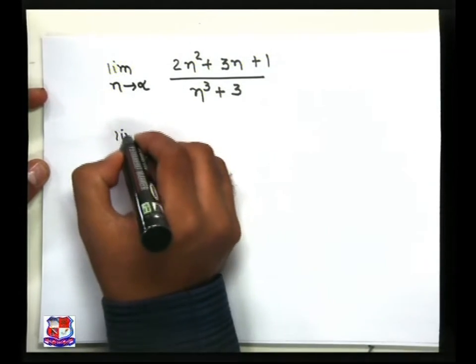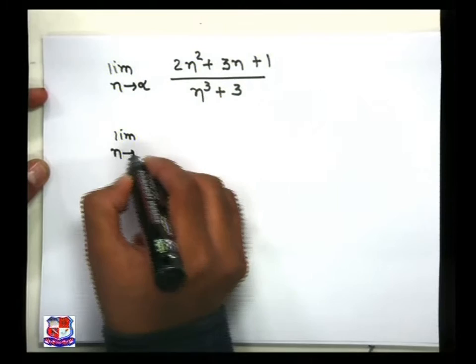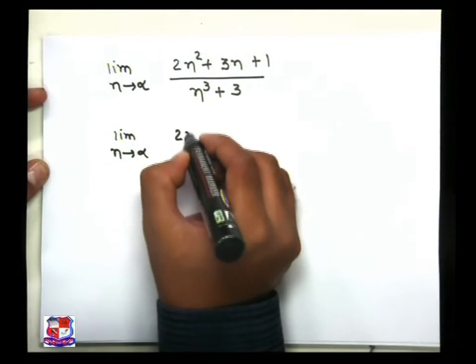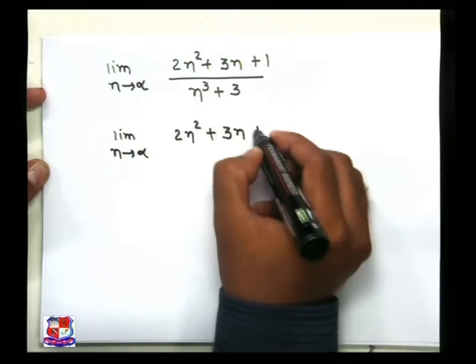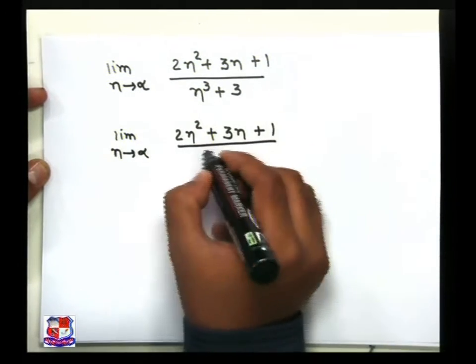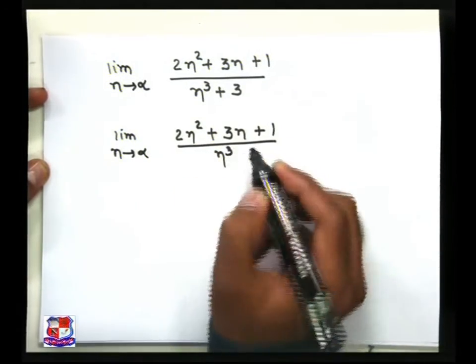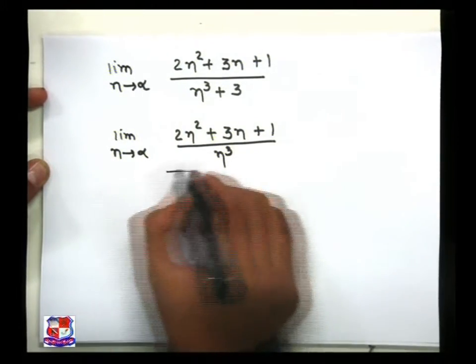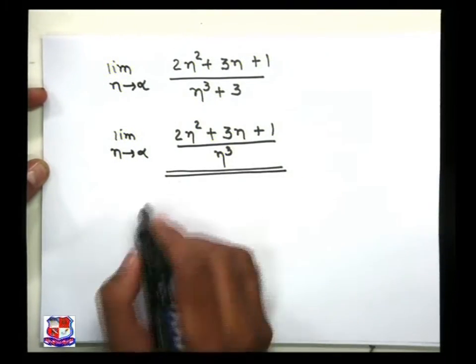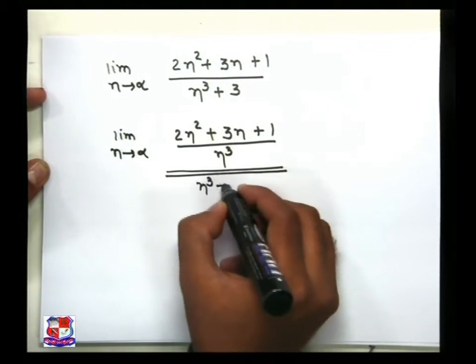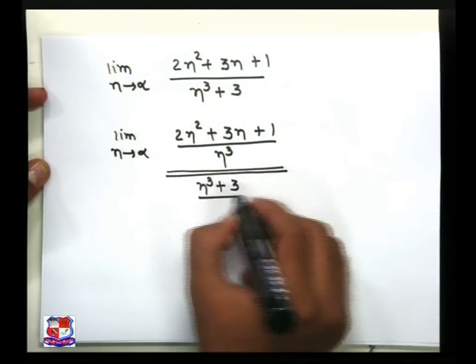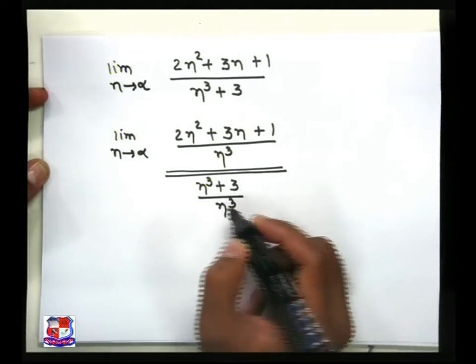So we can write limit n tends to infinity, (2n square plus 3n plus 1) divided by n cube, all divided by (n cube plus 3) divided by n cube.